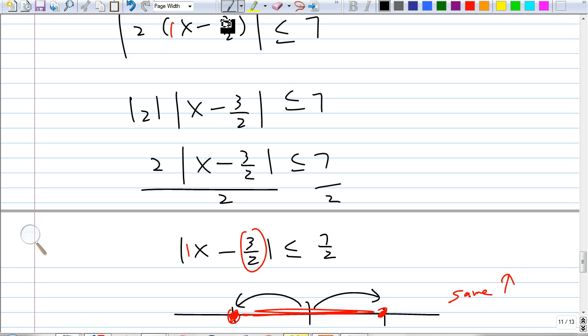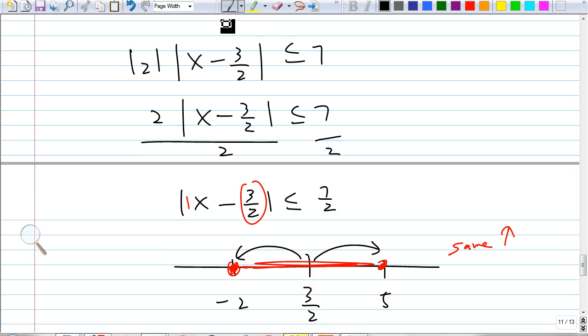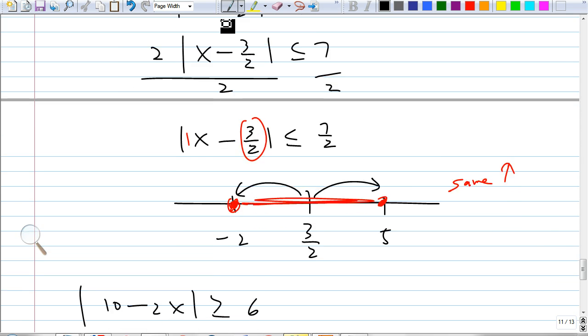Are we good? Okay, now, what if they give you this? Guys, I don't want you to mess up, that's why. Your homework, they give you, this one is a little bit tricky. So somebody tell me the two inequalities I get. Let me show you why people mess up on this.